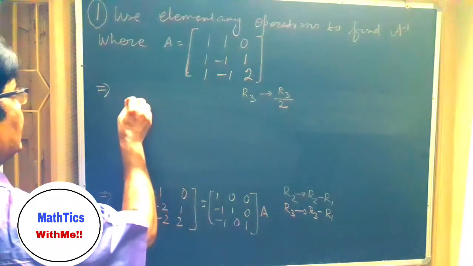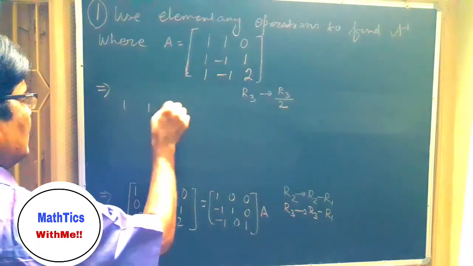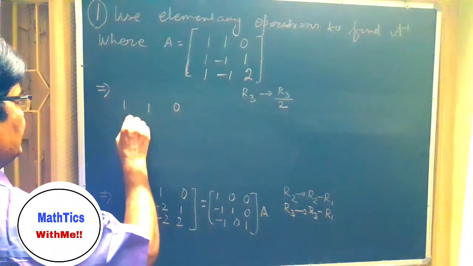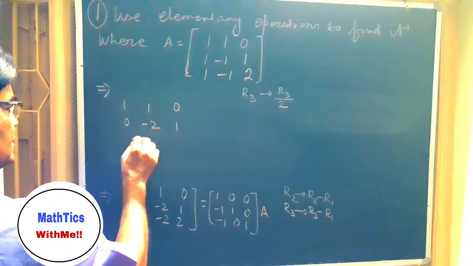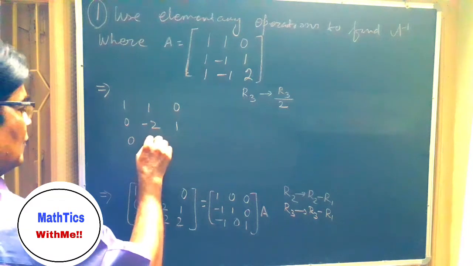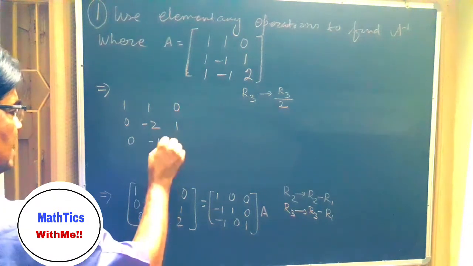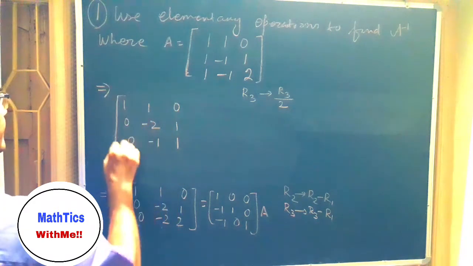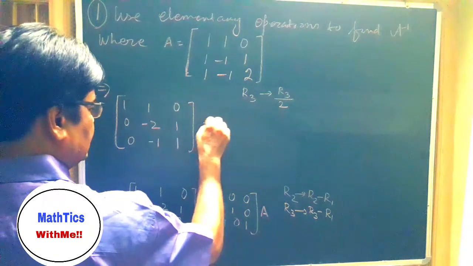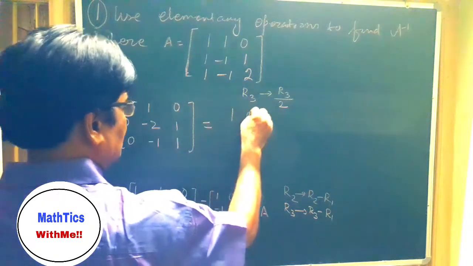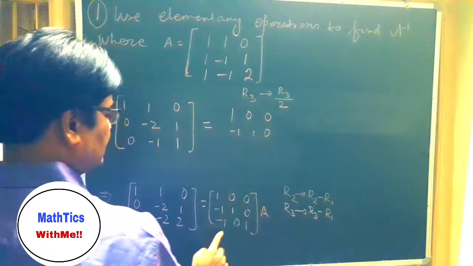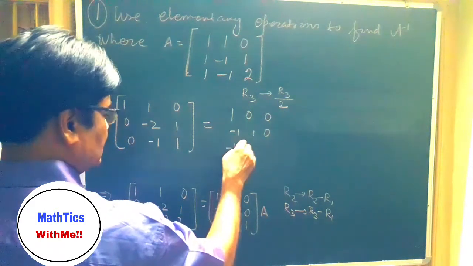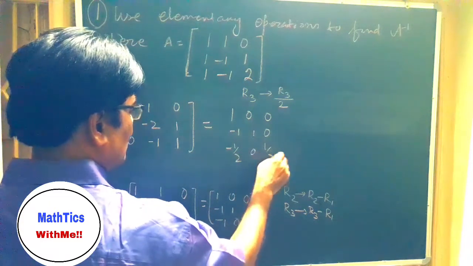So that we will get the first row as such, 1, 1, 0. This is 0, minus 2, 1. This is 0, minus 2 by 2, which is minus 1. This is 1. And on the right side, the first row will remain as such. The second one also will remain as such. The third will be minus 1 by 2, 0, 1 by 2.